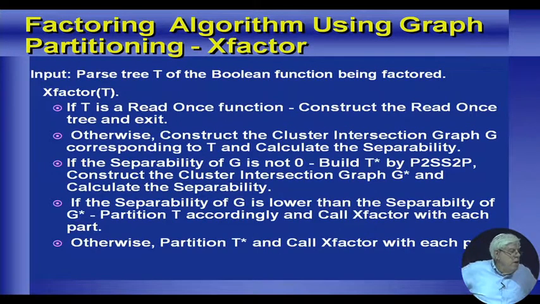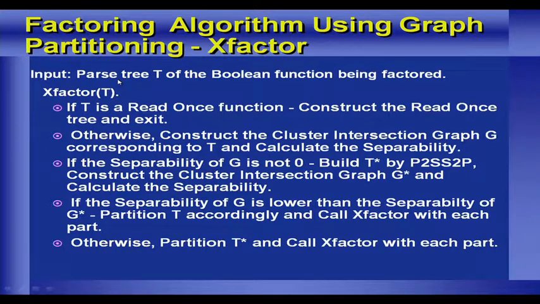Okay. So here is the outline of this method. I have my function, and I represent it as a parse tree. All that means is, like any kind of expression, you can represent it as a tree.